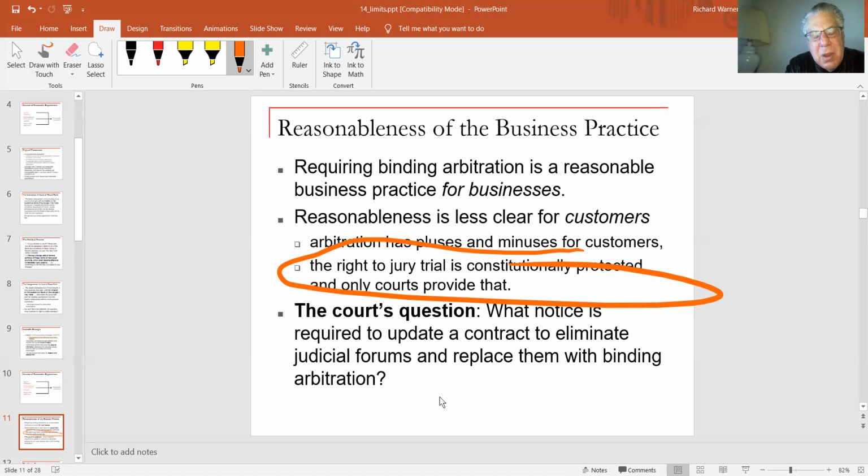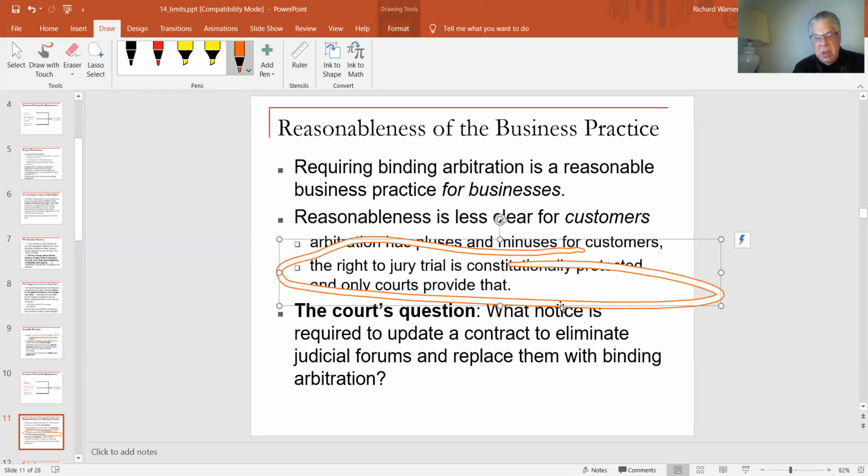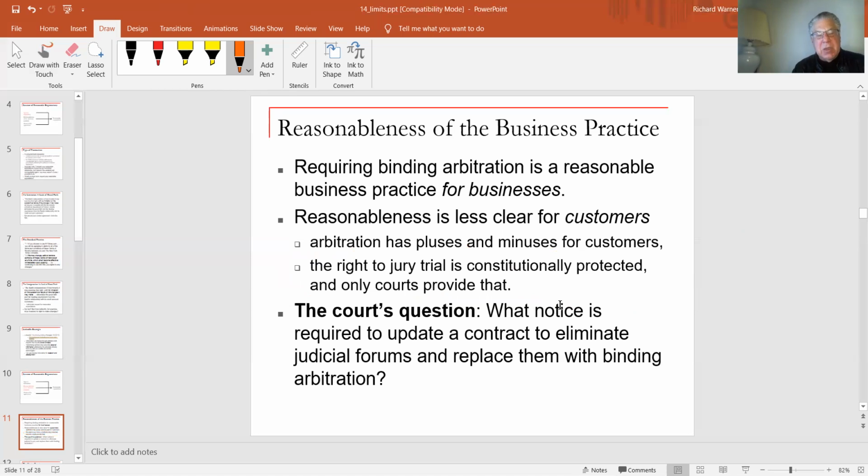So that's how they handle this. They combine the reasonableness of the business practice test with a notice requirement. Yes, you can make big changes that favor you and maybe don't favor consumers so much, but you must give very effective notice. And that leads to the question in the slides, which is unanswered: exactly how much notice, how far in advance, and what form it must take.